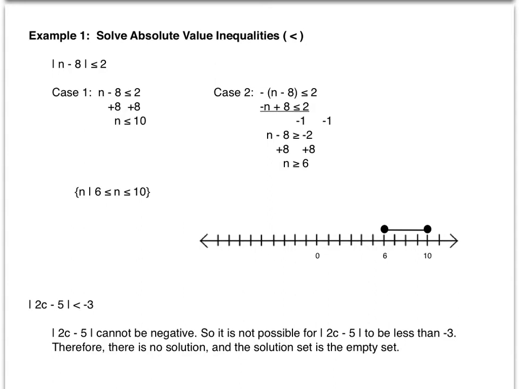In case 2, it's a little bit more difficult, but when you get used to it, you can skip this step. The first thing that we're going to do is distribute the negative. So negative n minus 8 is the same as having a negative 1 in front of the n minus 8, which is going to end up being negative n plus 8 is less than or equal to 2.